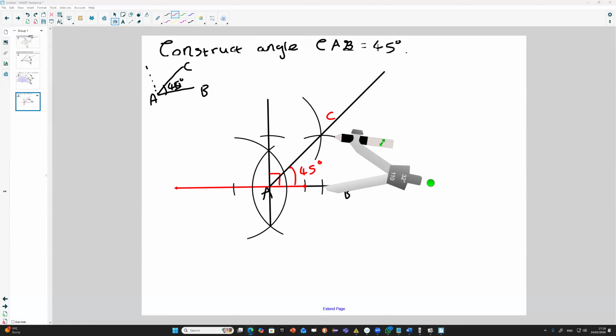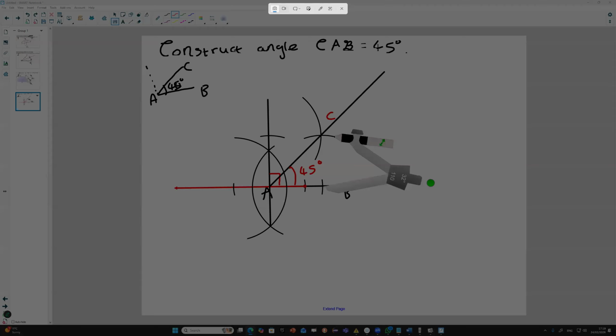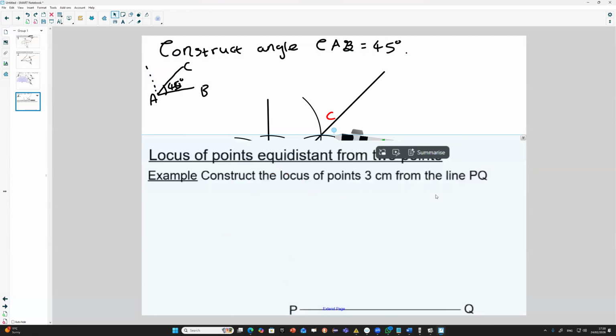Brilliant. So let's look at another question. 3 centimeters on the line PQ. So this is a bit of a strange one. This isn't one that comes up. Maybe it does come up, but it doesn't come up as abstract as this. So let's say I want the locus of points equidistant from 2 points.